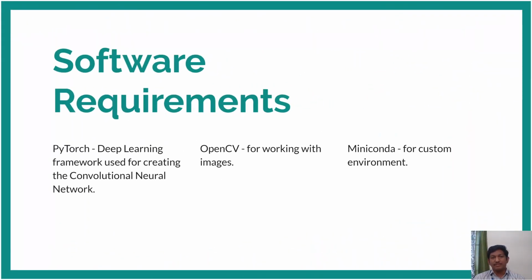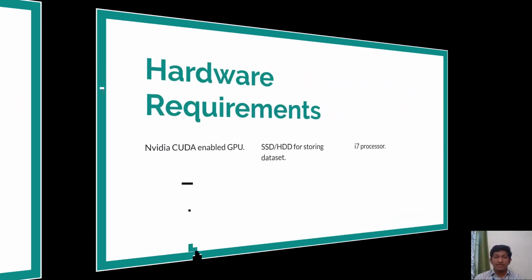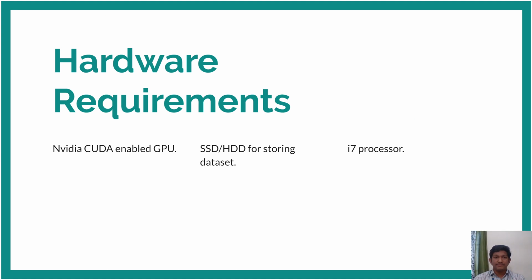Now the system requirements, software requirements. We use PyTorch as our deep learning framework. We did all the work in PyTorch, not only the convolutional neural network, and we used OpenCV for working with images. We used Miniconda for custom environments. Hardware requirements: we use the MS COCO dataset, which is around 25 GB of data.